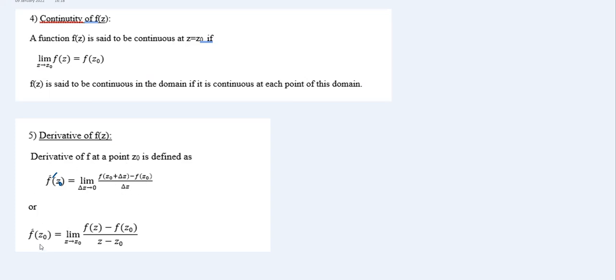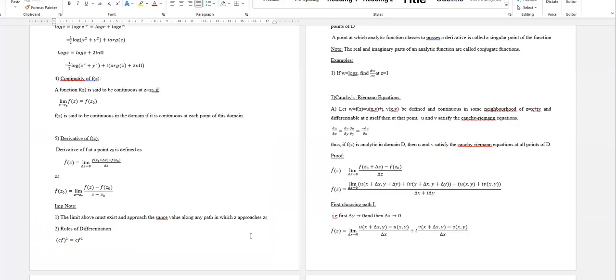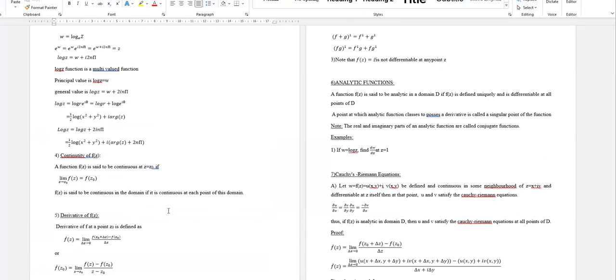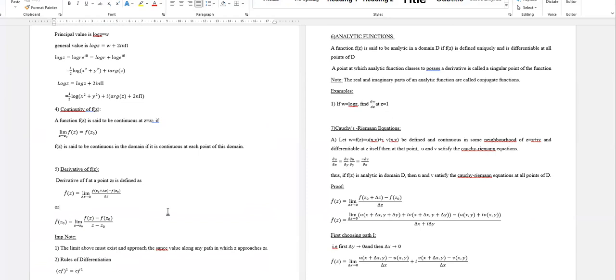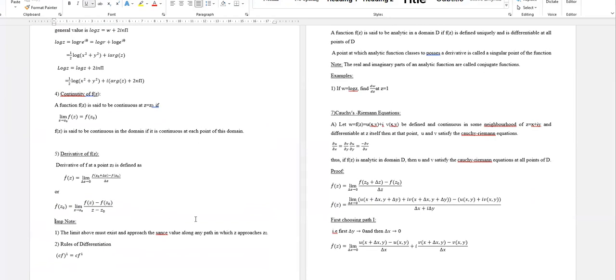So the same definition, or f dash z naught is limit f of z minus f of z naught divided by z minus z naught. Now rules for differentiation.